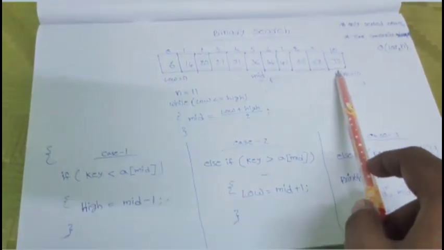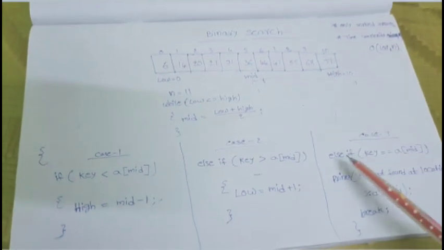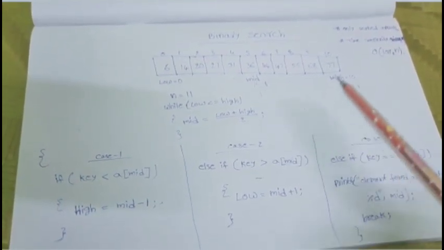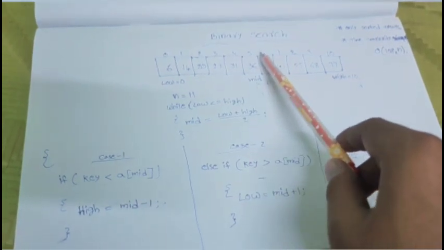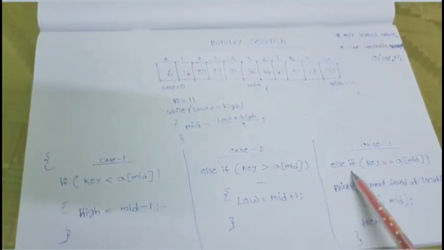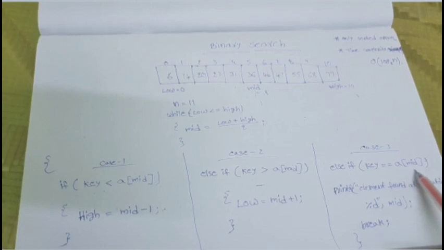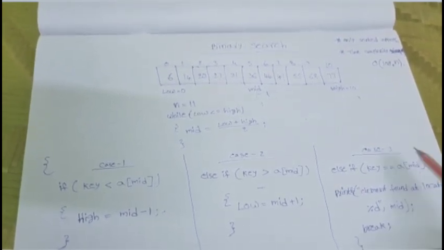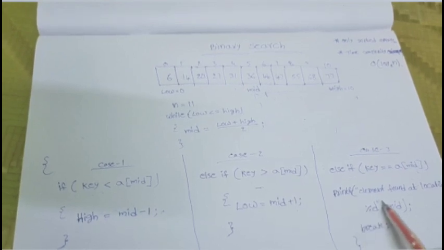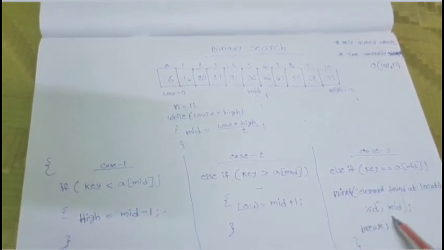Then the last condition is what? Our required element is present exactly at the mid location. Means if our required element is present at the mid location, then directly we will print that our required key element is found at the mid location.